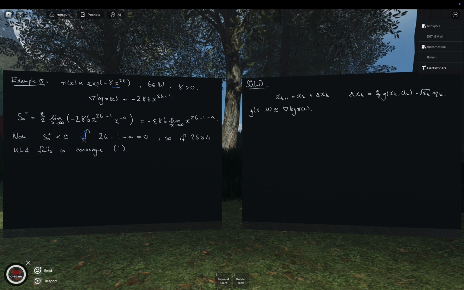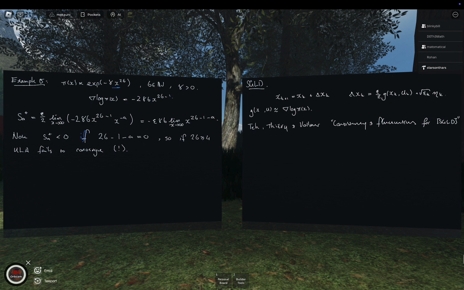I'll just write up the name of that paper now. They write out the full name of the algorithm in the title.